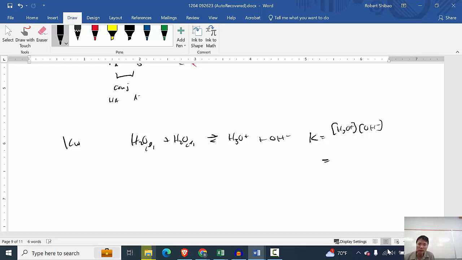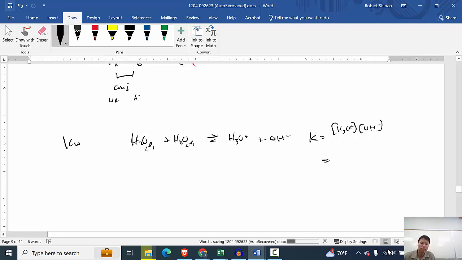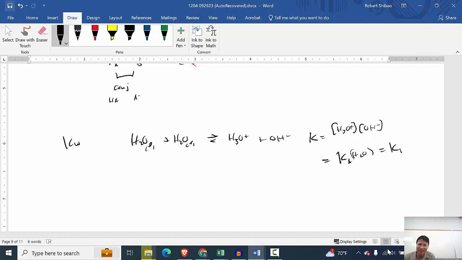So, this is a weird equation. You know what this is equal to? This is equal to Ka for water, which is equal to Kb for water.